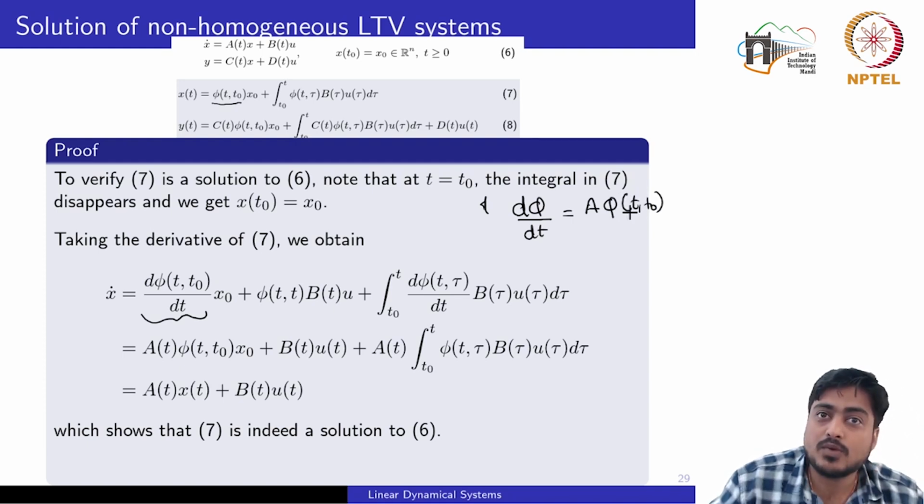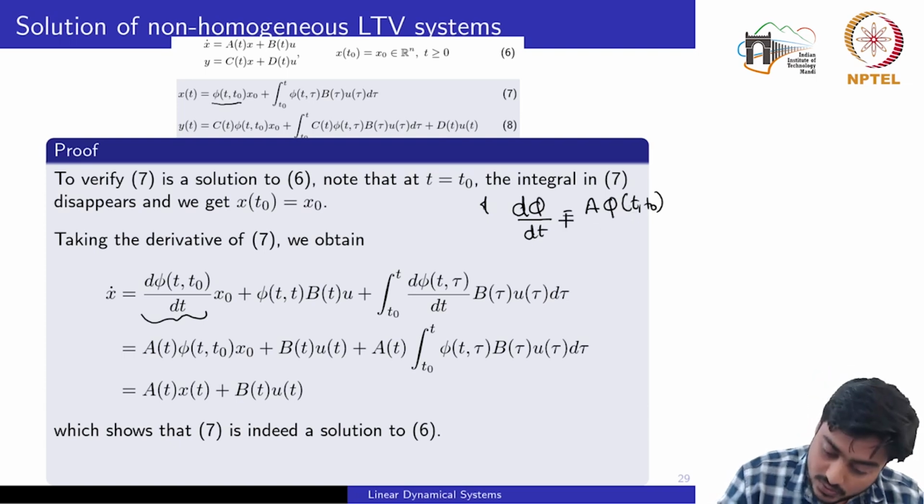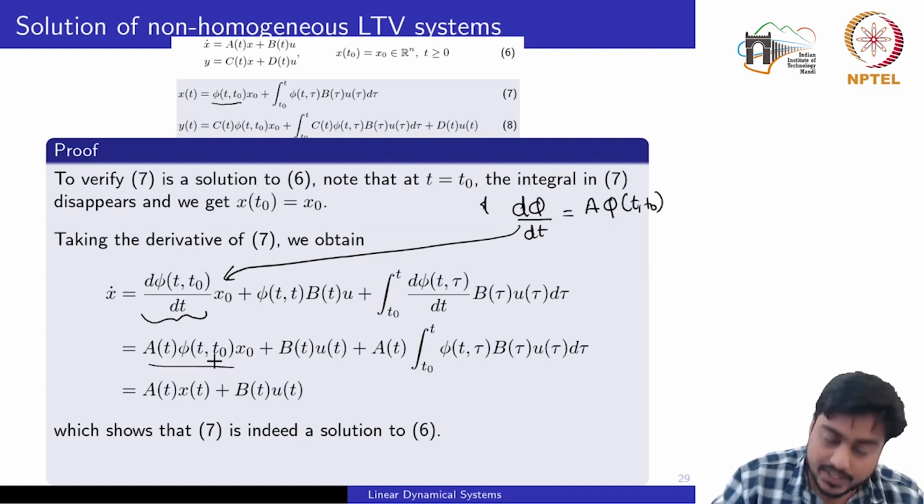This was the first property of the state transition matrix. So if we put this here, we get A(t) phi(t, t naught) into x naught. Phi(t, t) is basically the identity matrix, so it would go away, and B(t) u(t) plus similarly we could replace here as well, and then this part would remain.